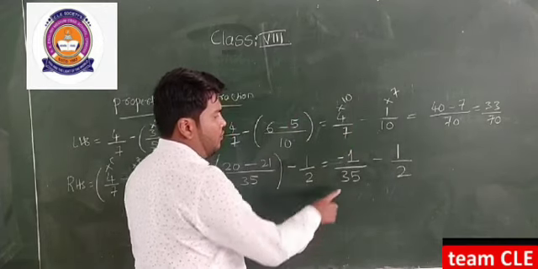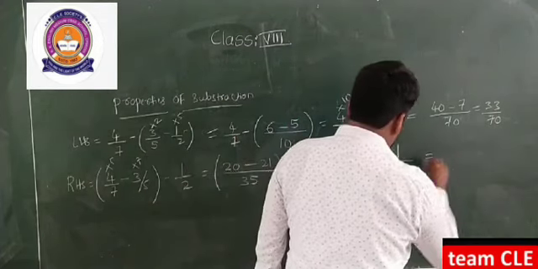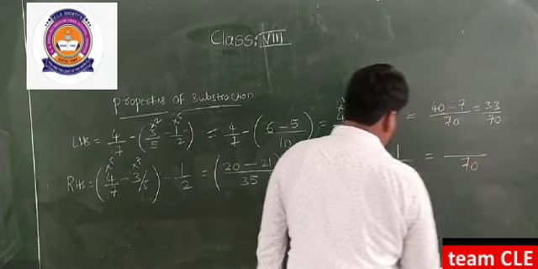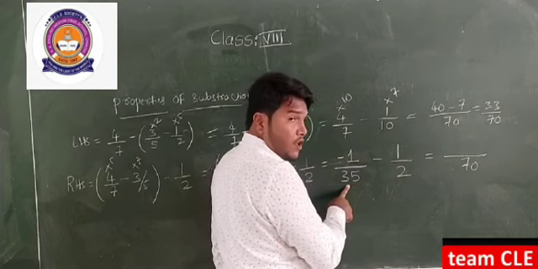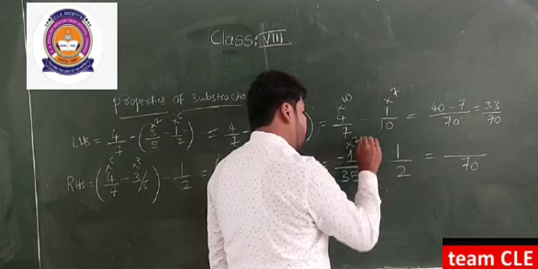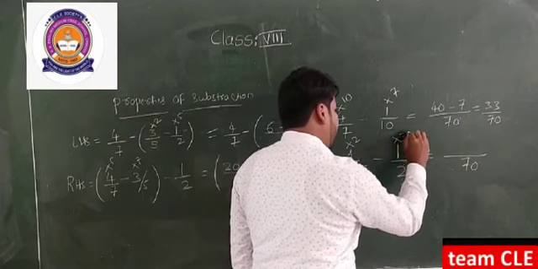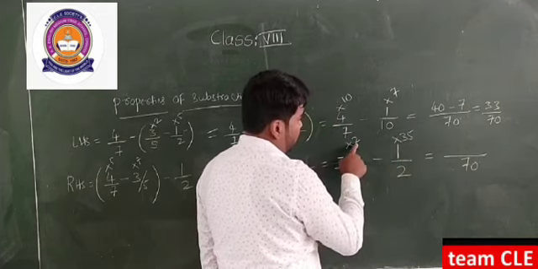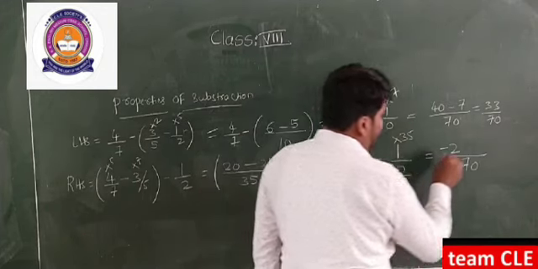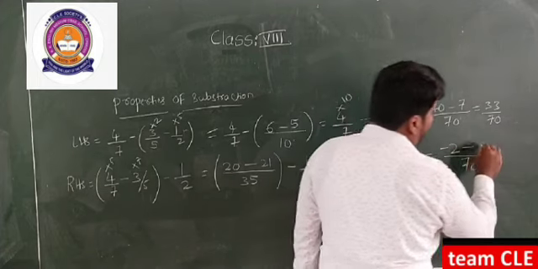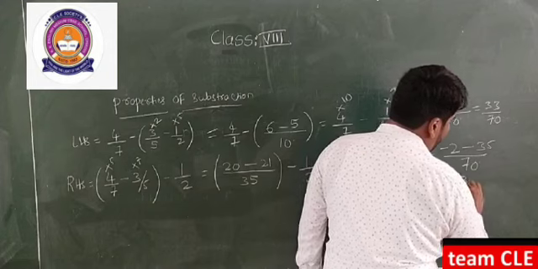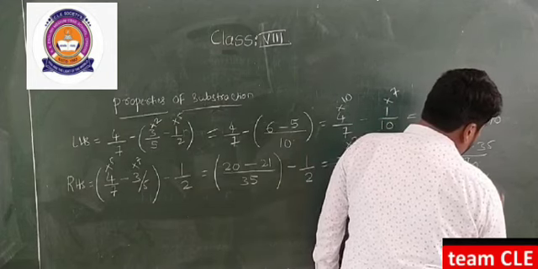Now we have to take the LCM again, of 35 and 2. One number is even and one is odd, so the LCM is 70. 35 2s are 70, 2 35s are 70, so 2 1s are 2, that is minus 2, and minus of 35 1s is minus 35, which is equal to minus 37 by 70.